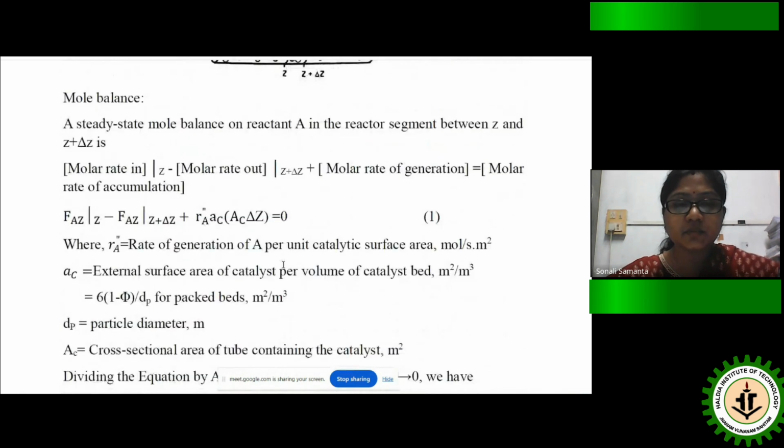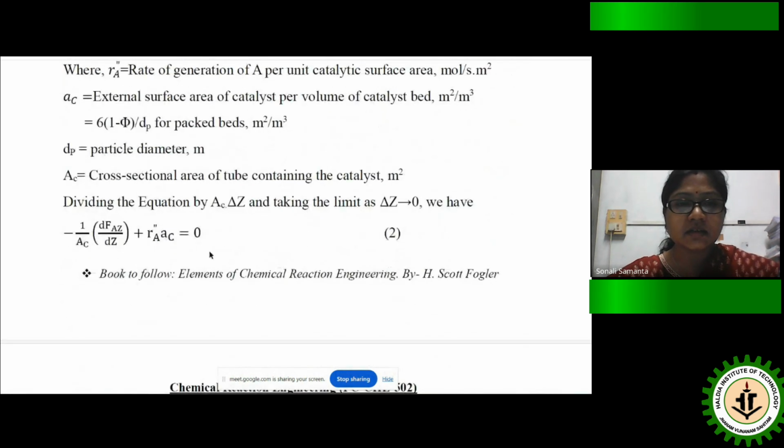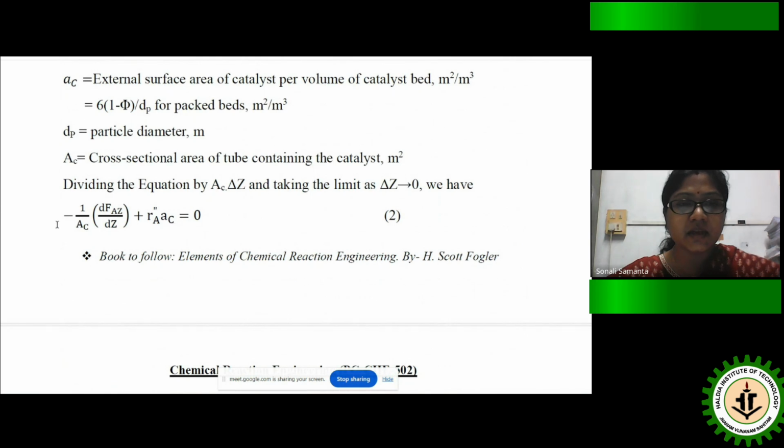We consider a segmental height and do the mole balance equations. This is the mole balance equation we got in the previous class: minus 1 by Ac dFz by dz plus RA double prime into Ac equals 0. We try to develop the concentration profile.